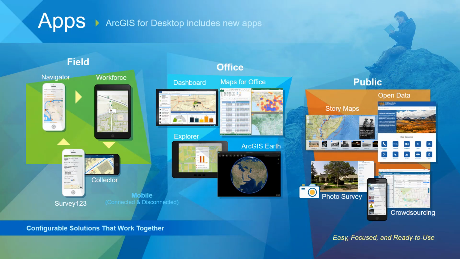You can deploy ArcGIS on your cell phone and have applications that will allow you to navigate from one place to another, to collect data, to visualize your information, to manage crews. We have applications for the office, powerful applications for analysis, but also applications that could be used across the whole organization, and also applications for public-facing websites like crowdsourcing applications and so on. So it's a system of engagement.